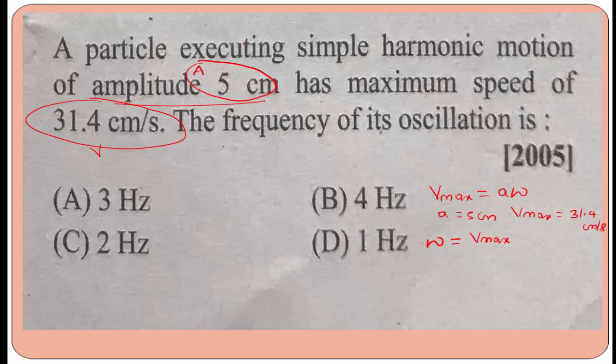Omega is equal to V maximum divided by A. Now substitute the values: 31.4 divided by 5 per second.